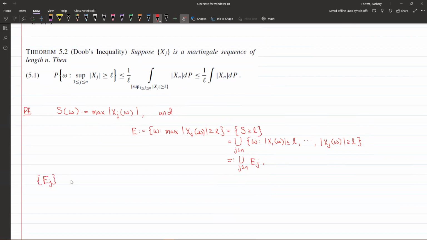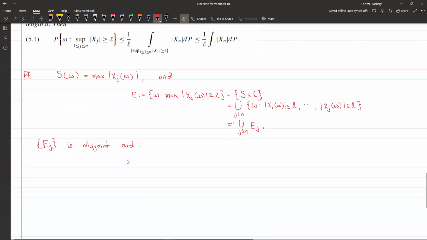Okay, so the collection of EJs is disjoint. And on top of that, if I take the probability of EJ, because of the way that I've set up the sets EJ, by Chebyshev inequality, of course, what I can do is I can say that this is less than or equal to 1 over L, the integral over, well, actually, in this case, I think it's, I'm going to say E like this for right now, and then I'll revisit that in just a second.